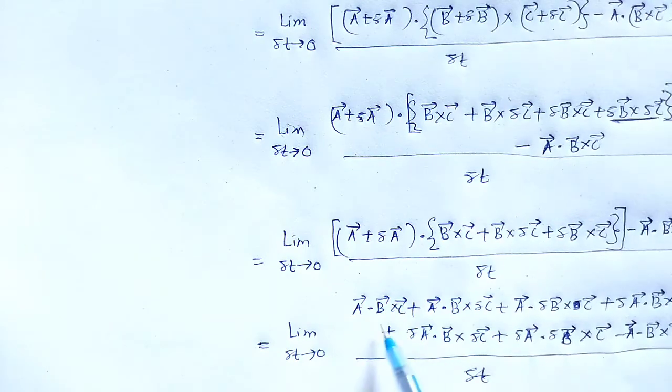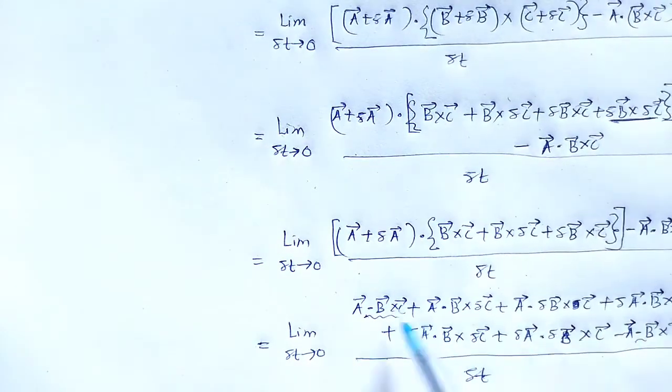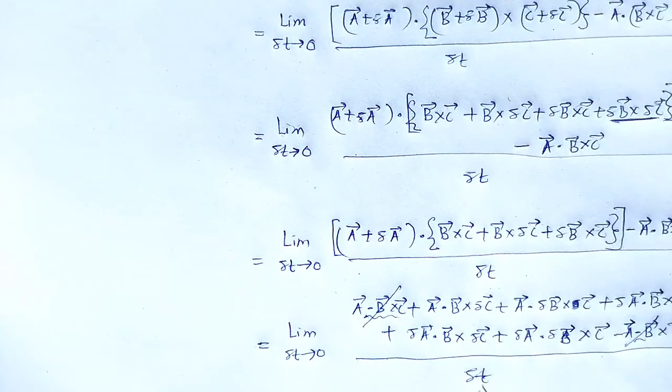Look at this, a · (b × c) minus a · (b × c) cancels out.